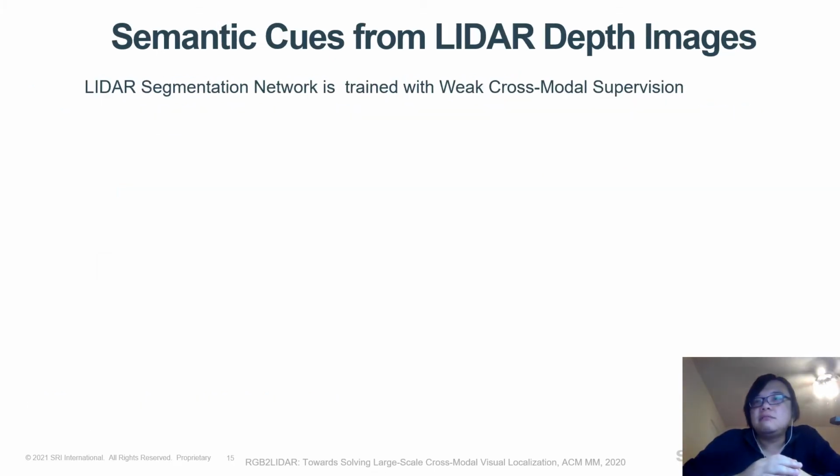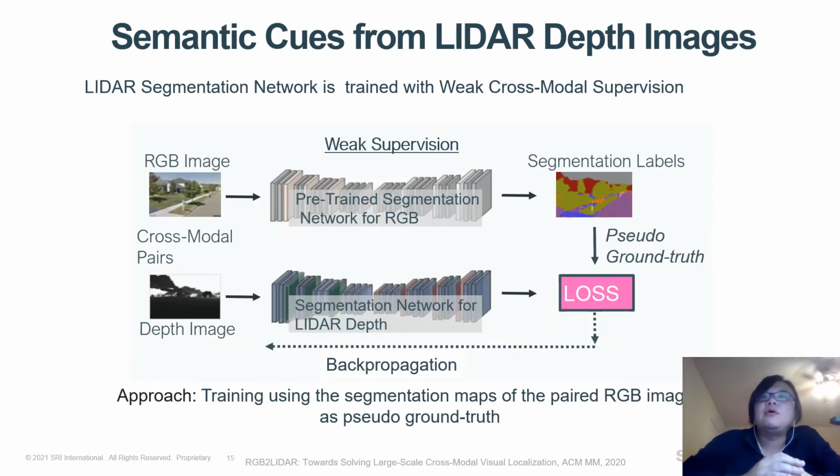However, most of the semantic segmentation networks are used for RGB images. So one difficulty in our work is that there is no existing network to perform semantic segmentation on LIDAR depth images. So we propose a new weak cross-modal supervision approach to train a model to do semantic segmentation for LIDAR depth maps.